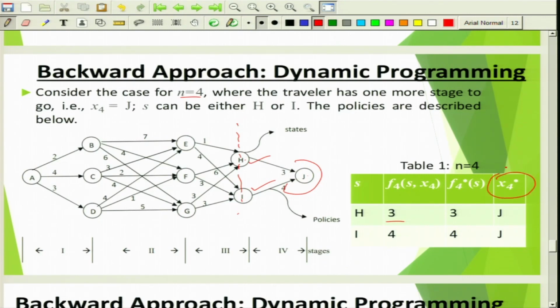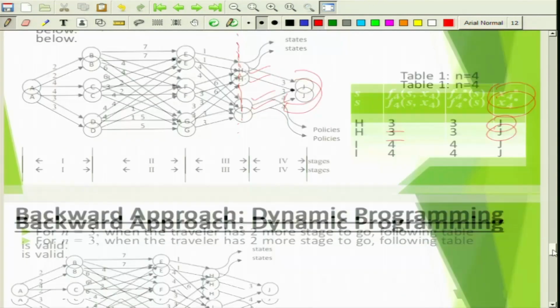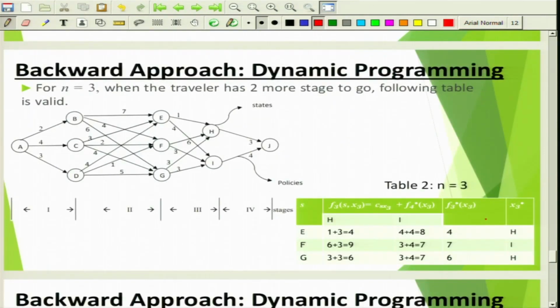Starting from I, the only cost is 4 and the destination point is J, and that is the most minimal, because this is the first starting point of calculation. Then go backward.